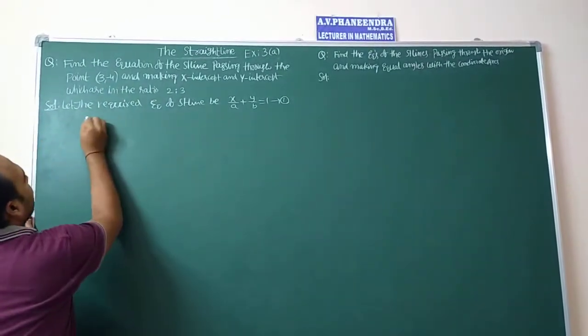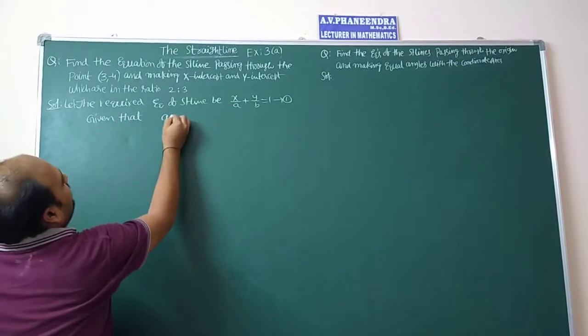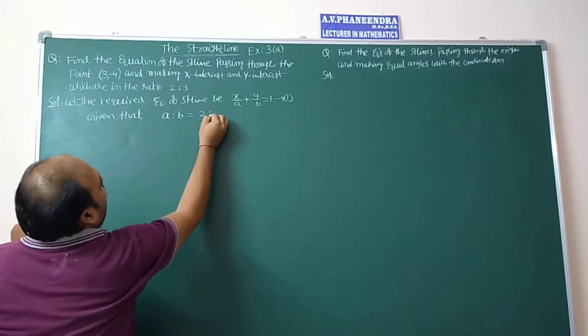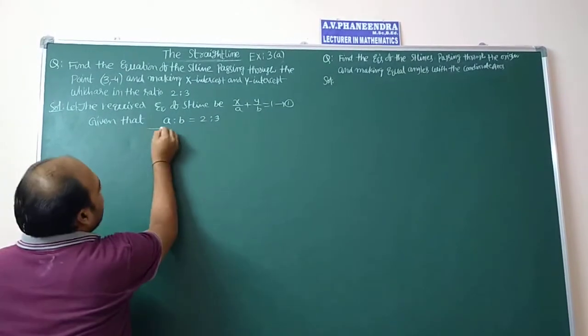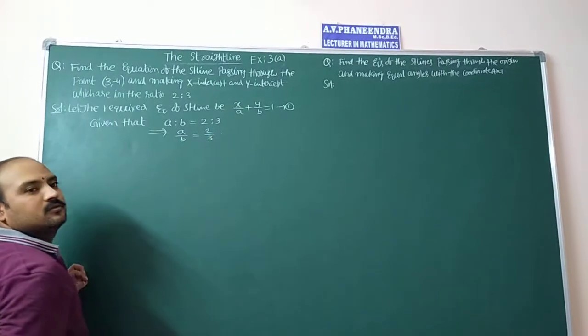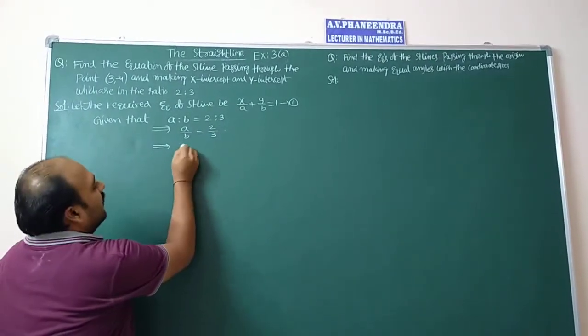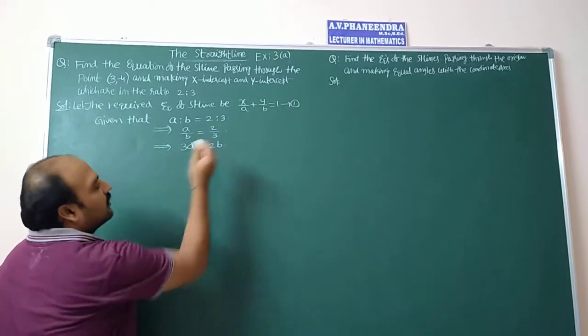Given that a:b = 2:3, that means a/b = 2/3. From here, cross multiply, 3a = 2b.